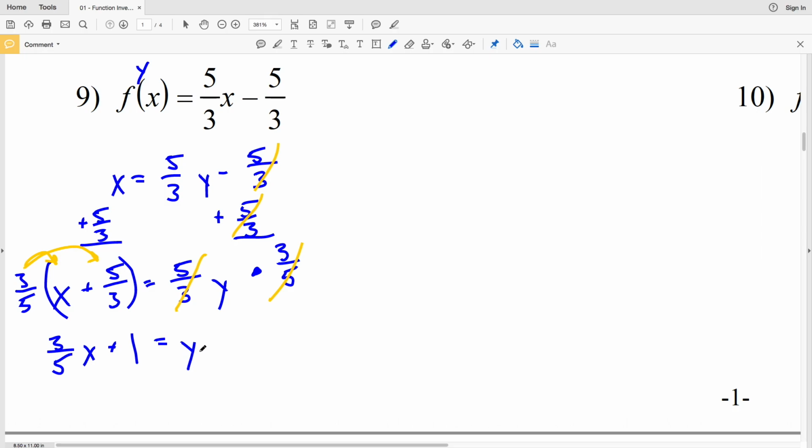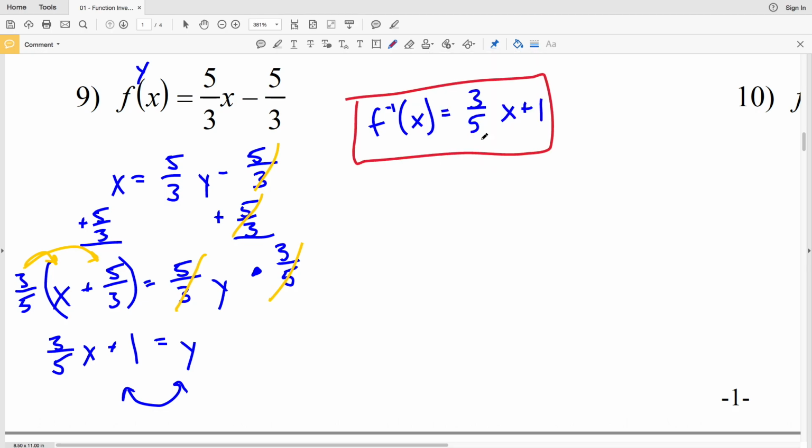Now I'm going to write that in function notation. However, when I do that, I'm going to flip this equation around. So I'll have that y equals 3/5 x plus 1. So now my inverse of f of x is going to equal 3/5 x plus 1, or 1 plus 3/5 x.